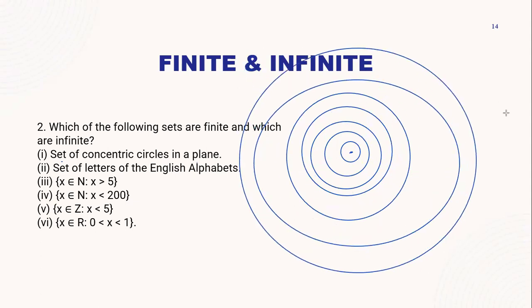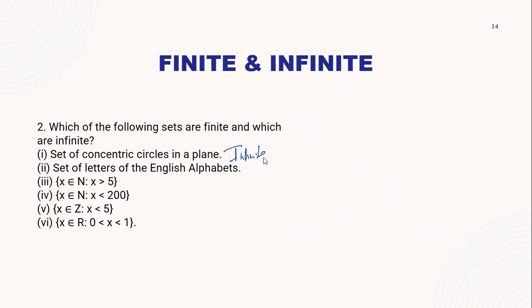So this is infinite. Understood? Set of letters of the English alphabet. We have fixed letters, so it is finite. x belongs to N and x is greater than 5. So basically 6, 7, dot dot dot, 8, 9, 10, 11, 12. This will be infinite because it is not going to end.